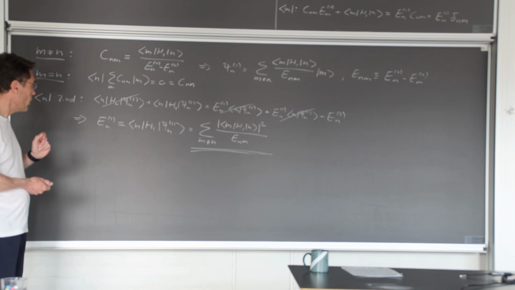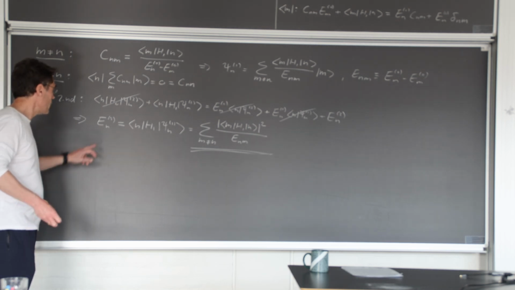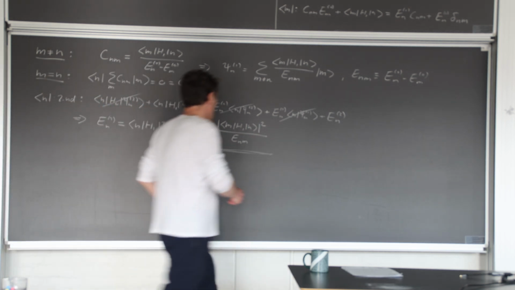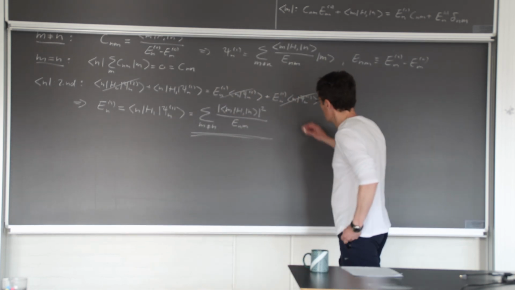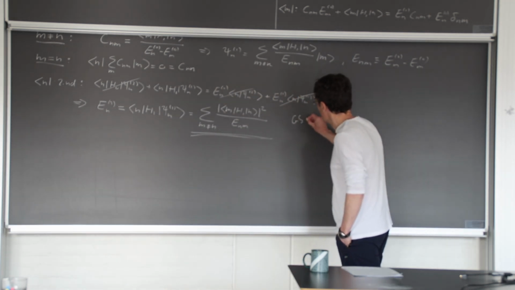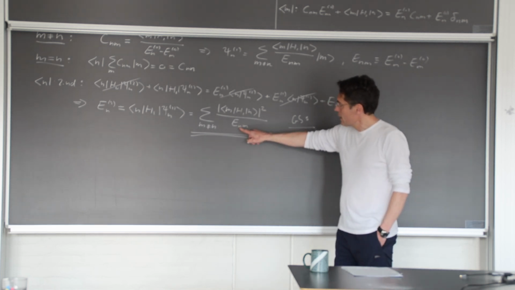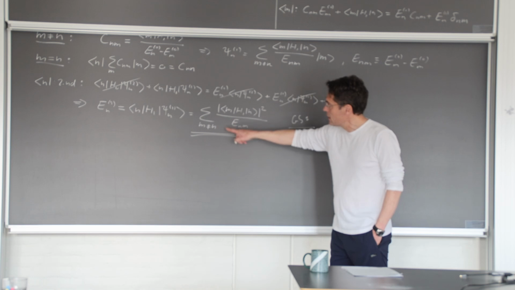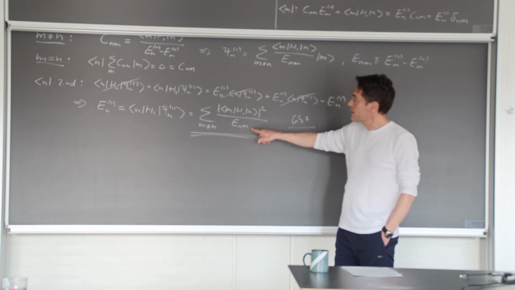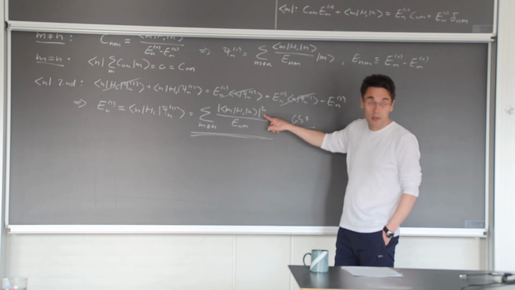Another actually quite important thing here is that if we look at the ground state, right, so if n here is the lowest one, then all of these denominators here are going to be negative, and the numerators, of course, are positive.